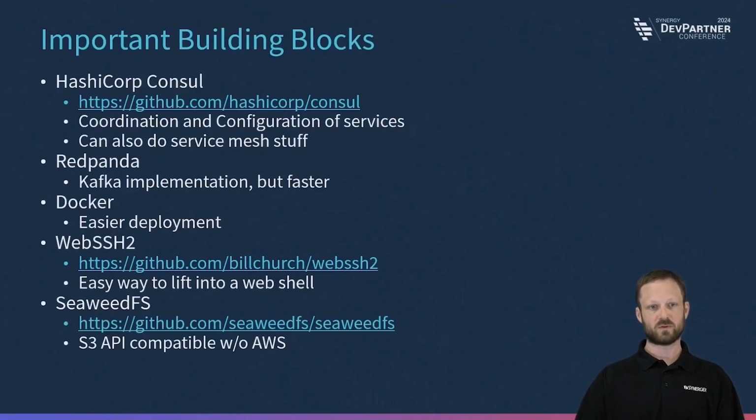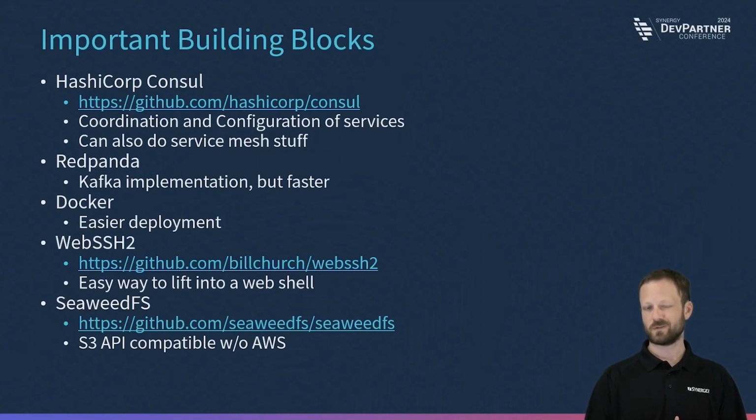And one more prerequisite here, we have some important building blocks that I need to cover. So I'm going to show some diagrams, and we're going to talk about the components and parts that make up the mid-tier answer. And these are some chunks of software that we're making use of. So HashiCorp's Consul.